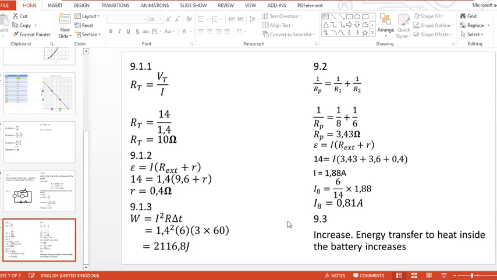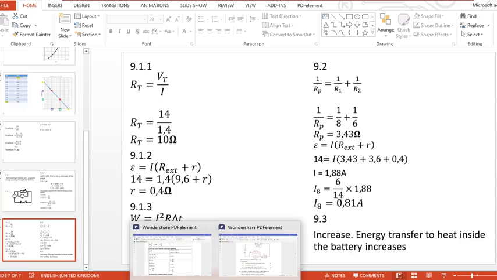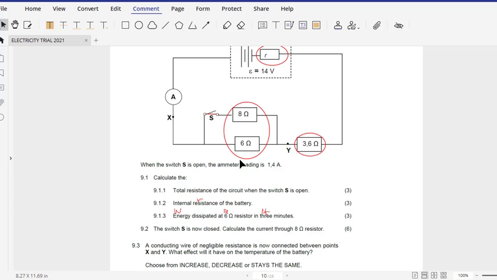Then we go back and look at the two resistors. We divide the total current between these two resistors. How do we divide it? Let us remember that resistance is inversely proportional to current.